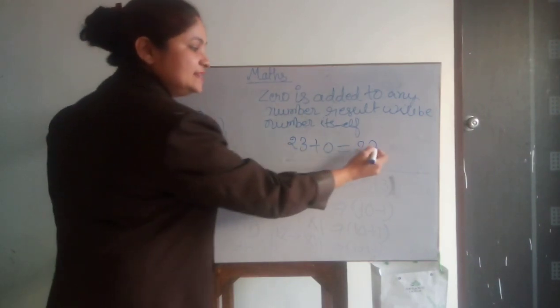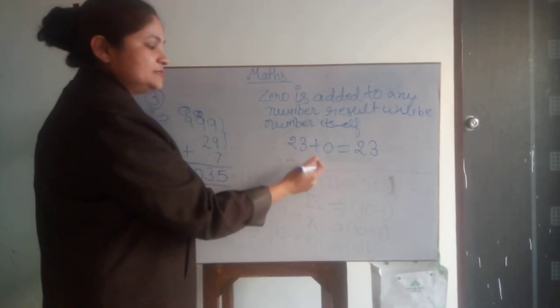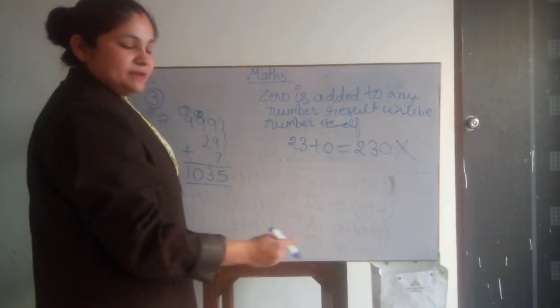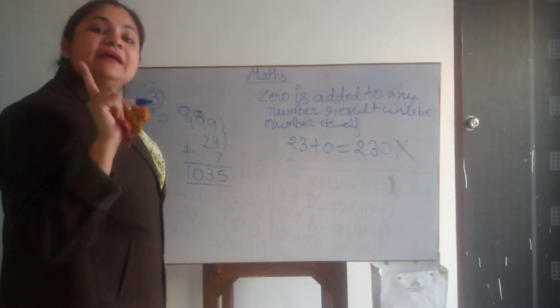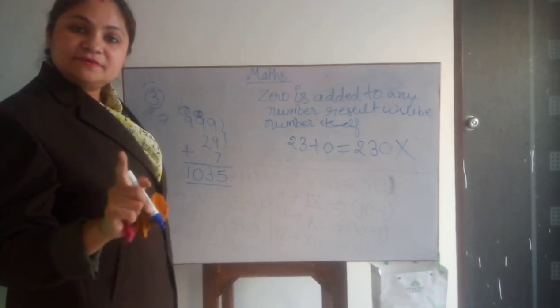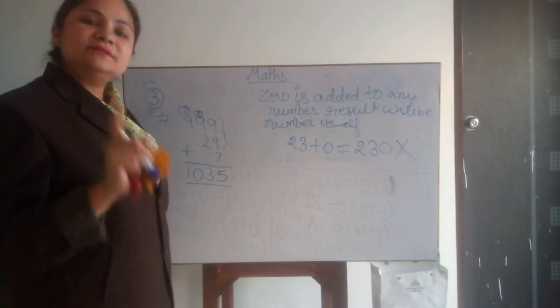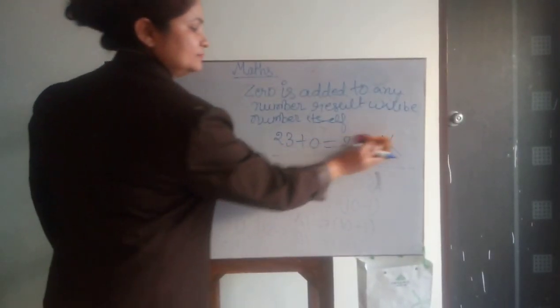Some students are writing 23 plus 0 as 230. It is wrong, because 0 has no value. Whether 0 is subtracted from any number or is added to any number, the result will be the number itself. Okay.